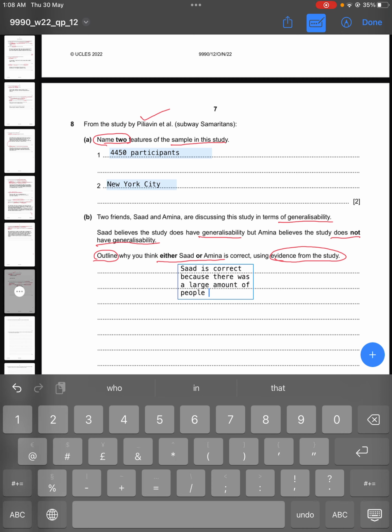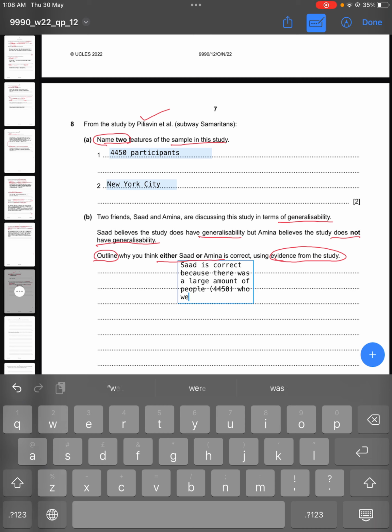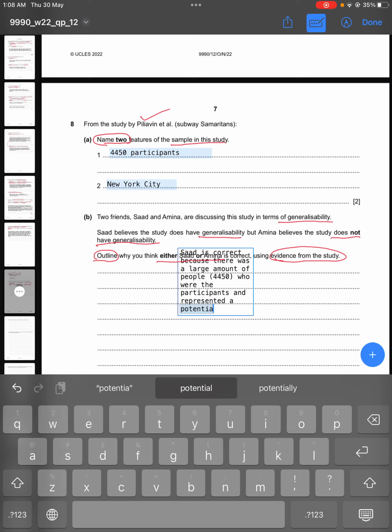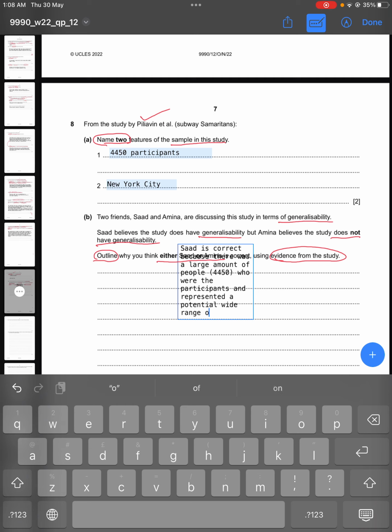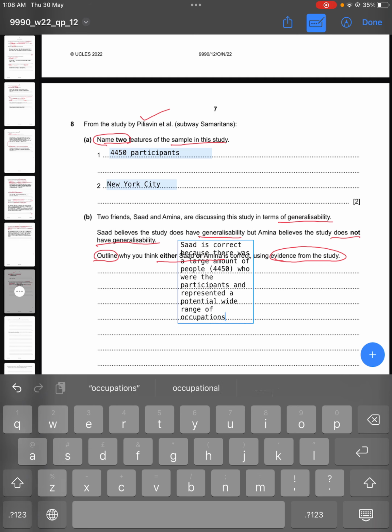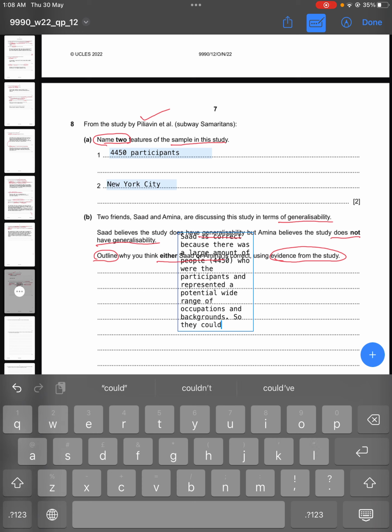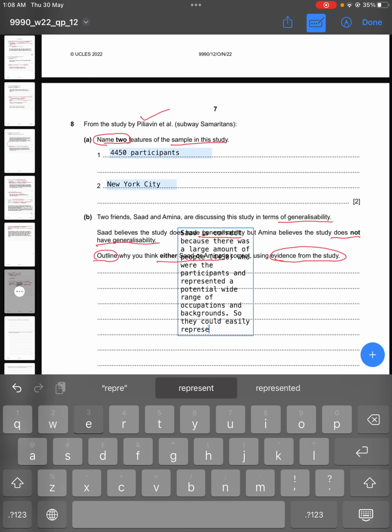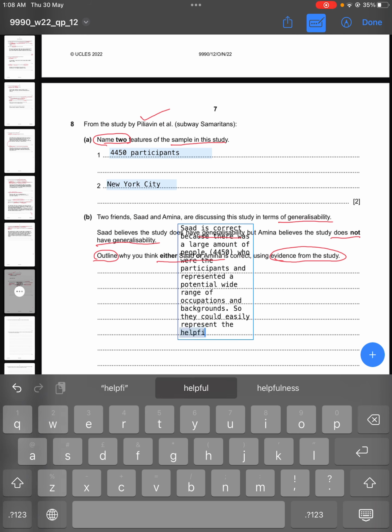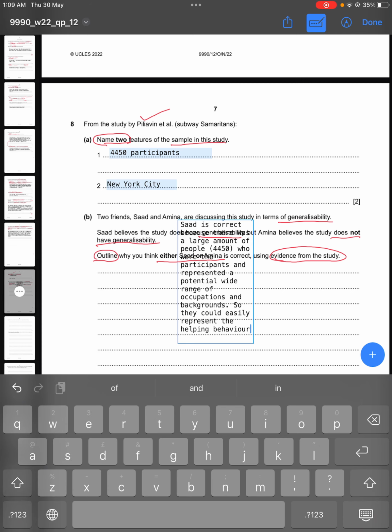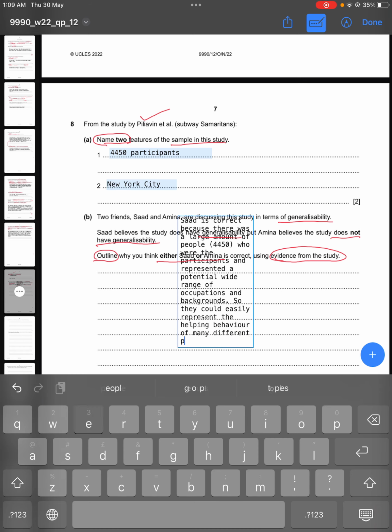We have discussed how there were about 4,450 participants, so that is a large number of people who were the participants and represented a potential wide range of occupations and backgrounds, so they could easily represent the helping behavior of many different people.